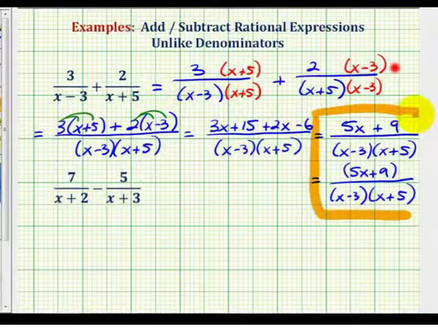I'm missing the x minus 3. So I'll say 2 times x minus 3. I'll distribute that 2 over both to get 2x minus 6. Then I can add my like terms. 3x and 2x is 5x, and 15 minus 6 is 9. And so 5x plus 9 over x minus 3, x plus 5, is my final answer. Let's move on.